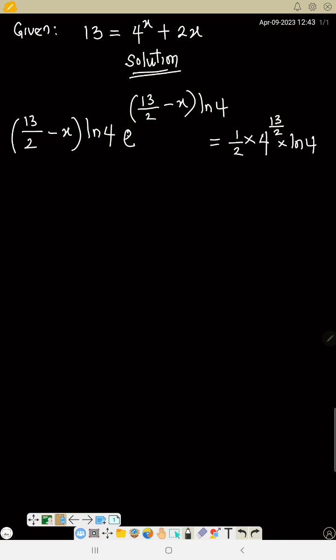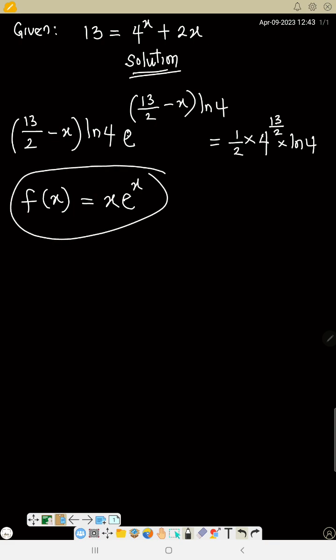So that's it. Now, according to our definition, Lambert's function is f of s equals s e raised to power s. So f of s is s e raised to power s. Take note.